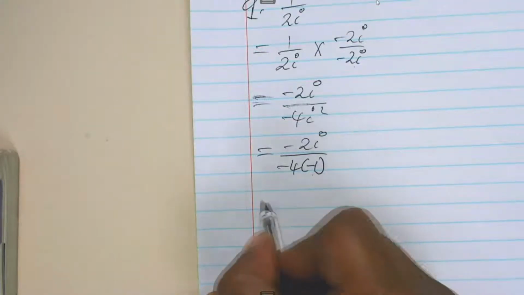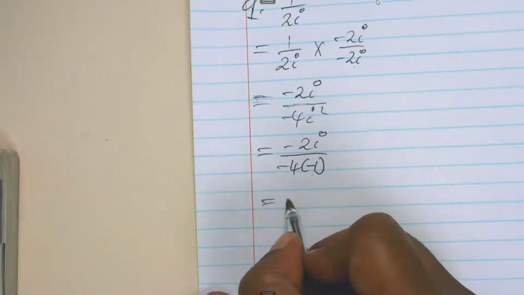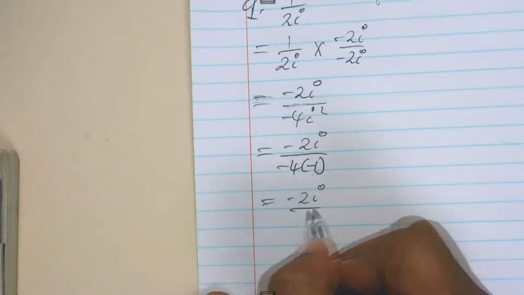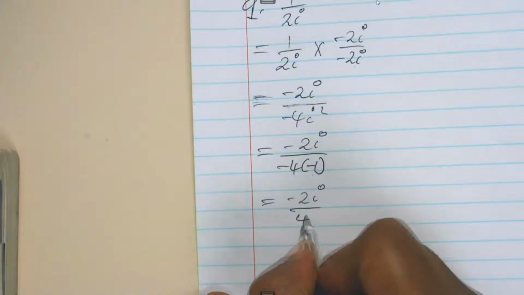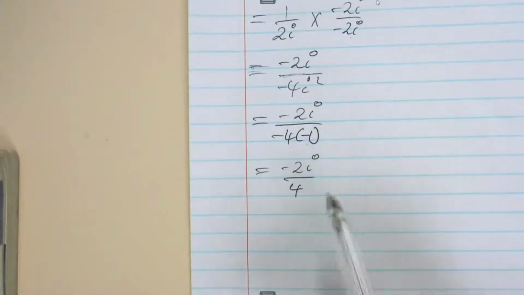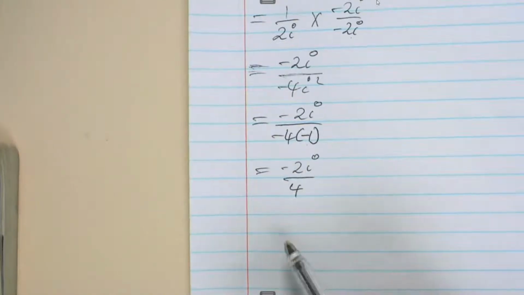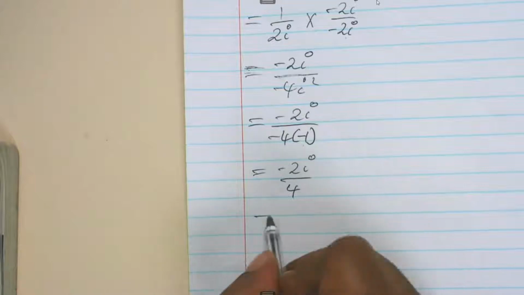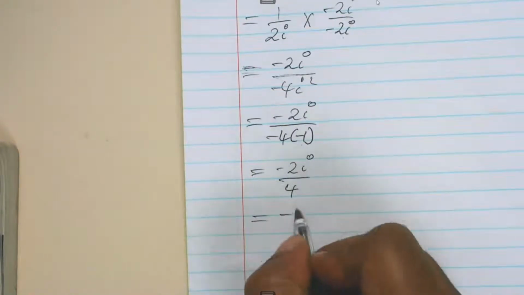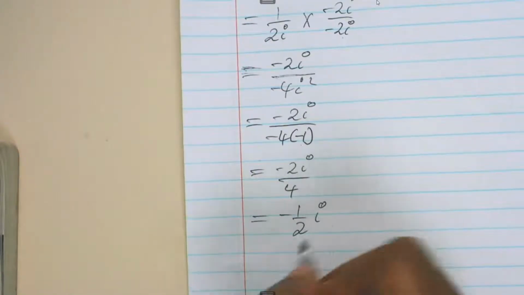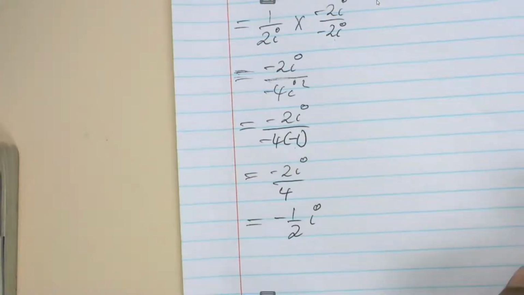So in other words, now the answer will be negative 2i all over positive 4. Why positive 4? Because negative 4 multiplied by negative 1 will give me 4, which is positive 4. And then if I simplify, the answer will be negative i all over 2. The answer is in i notation.